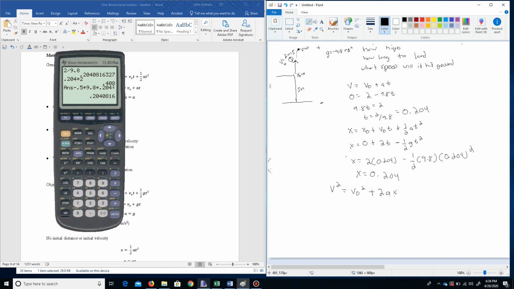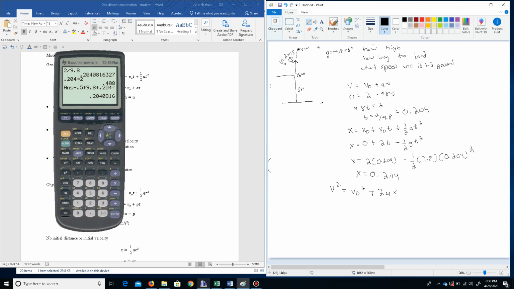And then you can technically solve for x. I don't tend to use that a whole lot. I like to do it in just 2 steps. It's just something I like to do, I think, because I actually get the time, and a lot of times getting that time is helpful. But you can use it as well.